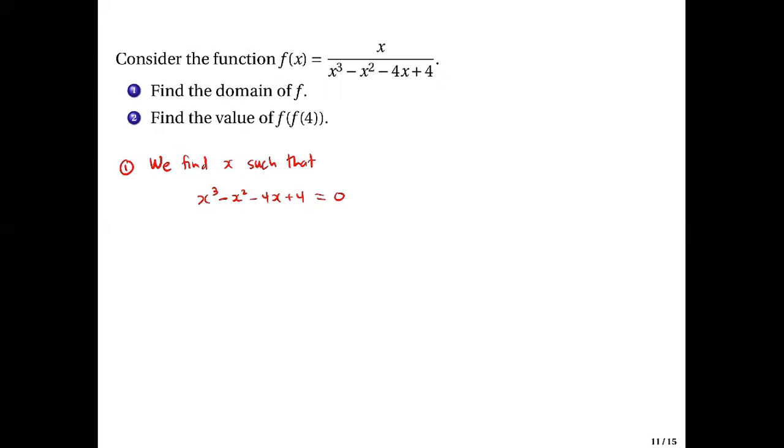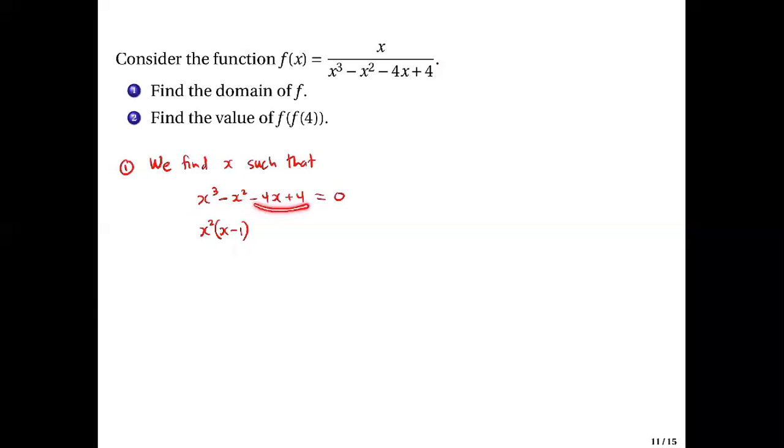For this, what we can do is group these two terms and these two terms. For this group, we can factor out x squared, and we will be left with x minus 1.